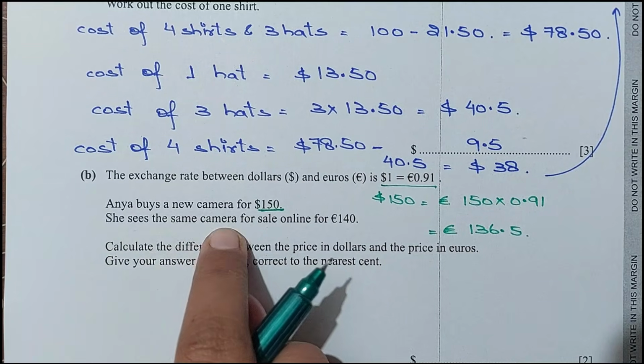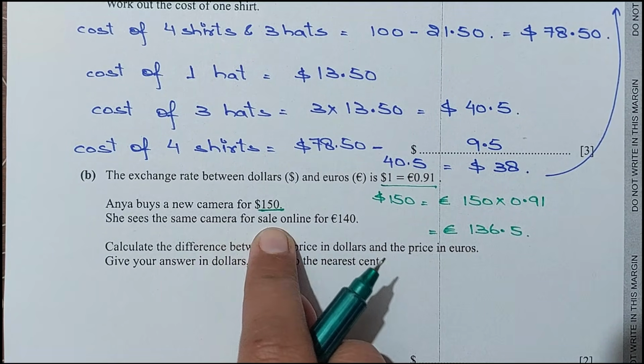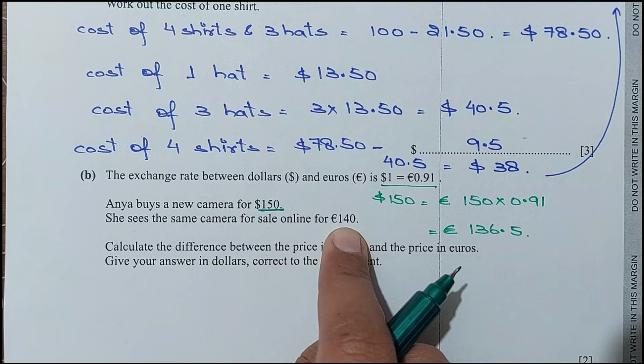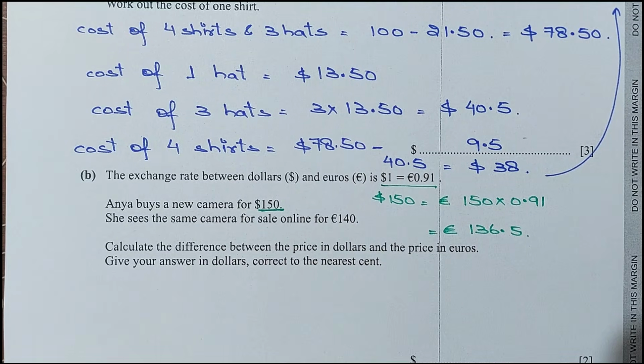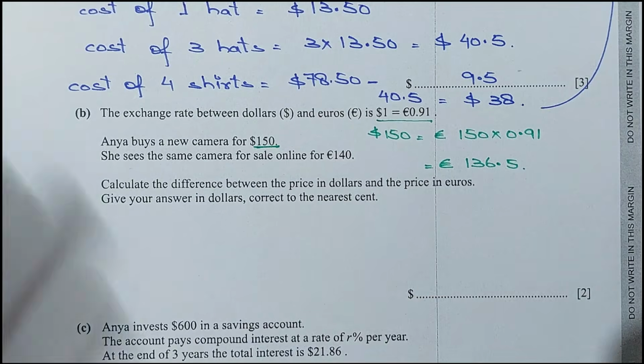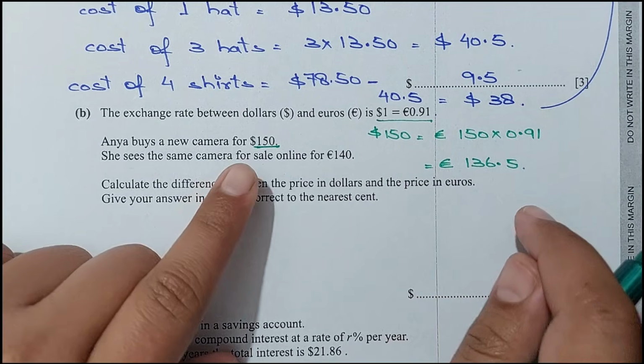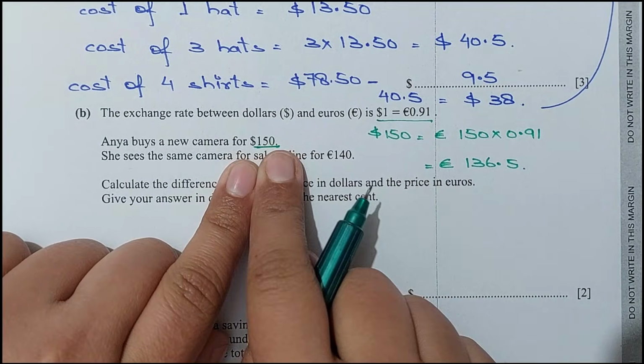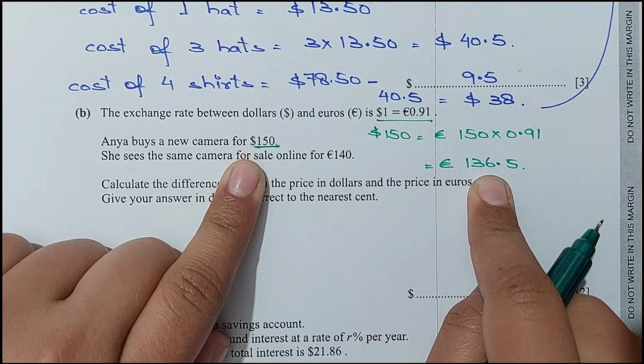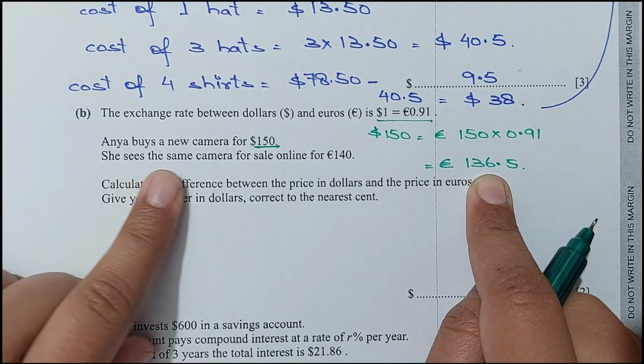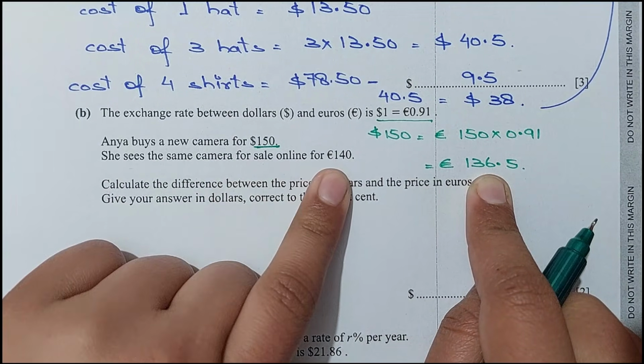She sees the same camera for sale online for 140 euros. Calculate the difference between the price in dollars and the price in euros. Give your answer in dollars, correct to the nearest cent. So she buys the camera for $150 or 136.5 euros, and she sees it online for 140 euros.